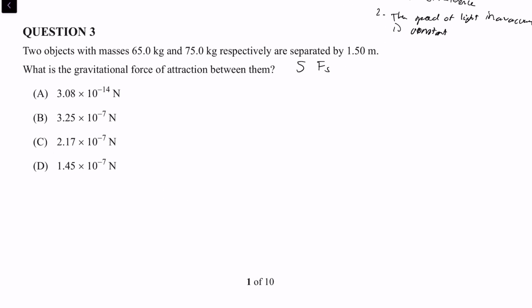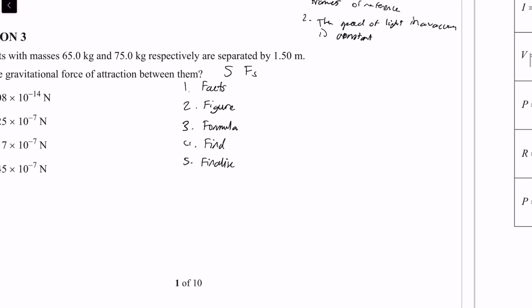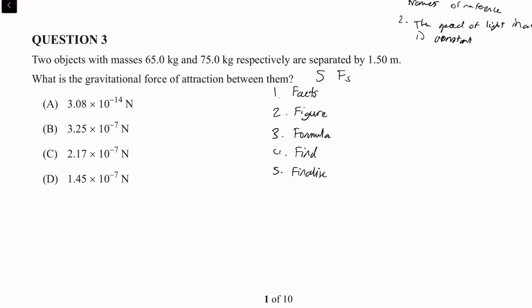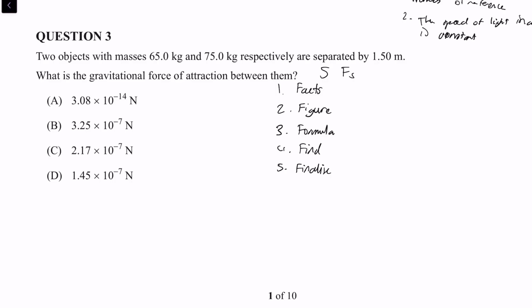Now the 5 Fs basically stand for facts, figure, formula, find, and finalize. Okay, so I'll go through them. I'll show an example of how to use them in this question rather than explaining what they mean.